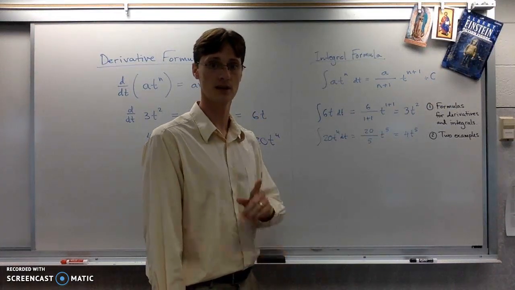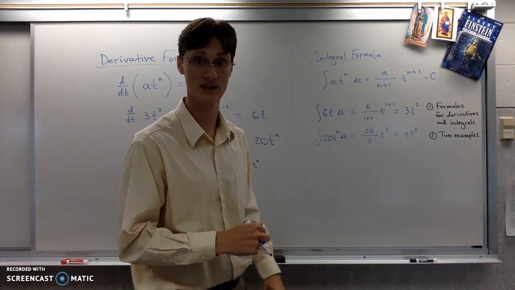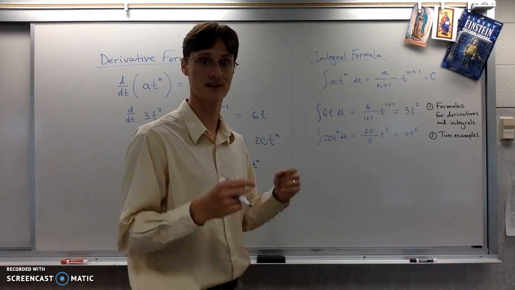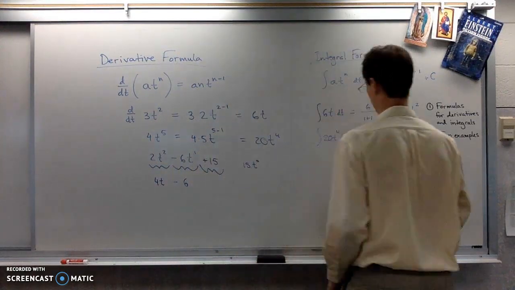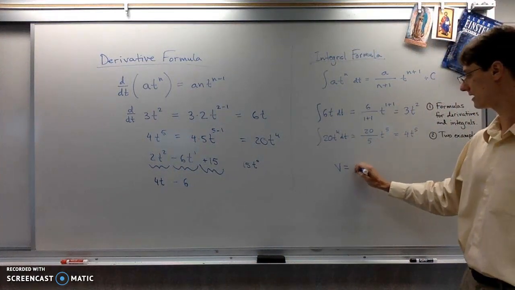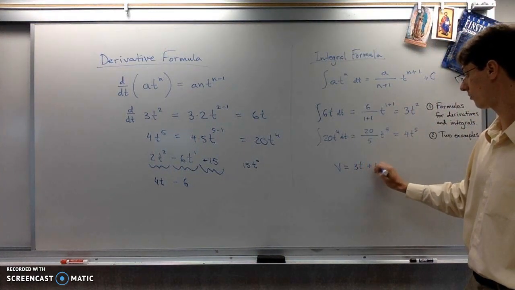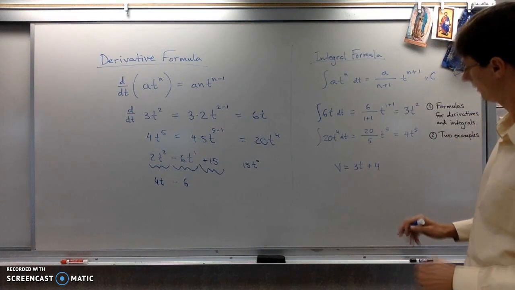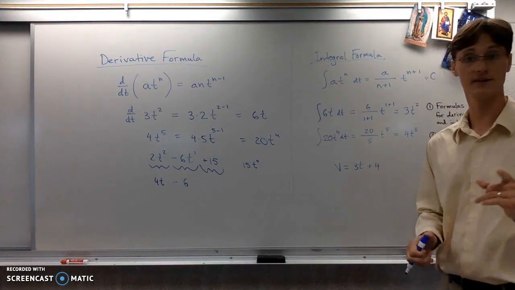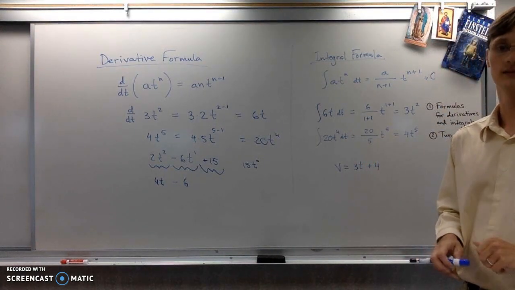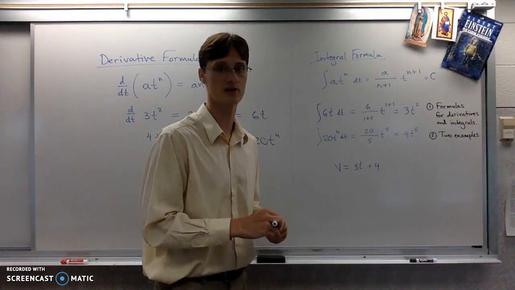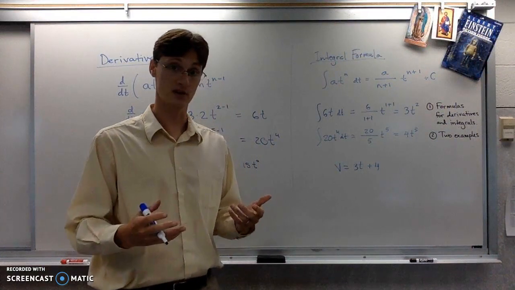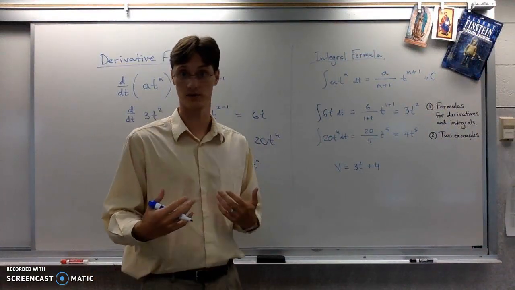Okay, so let's take a specific example more closely related to physics. If they said that the velocity is 3t plus 4, and they said, find the position function, given that that's the velocity function, you would have to know whether you're taking an integral or a derivative.